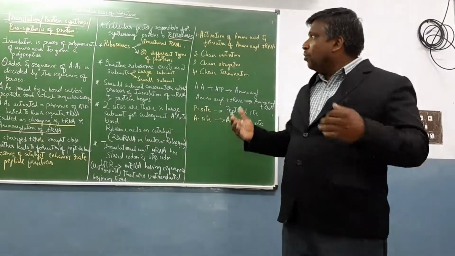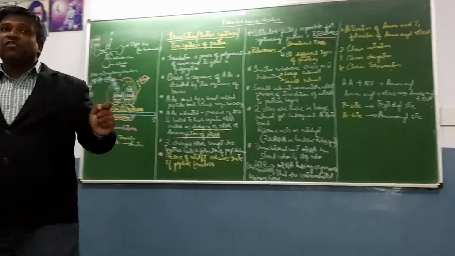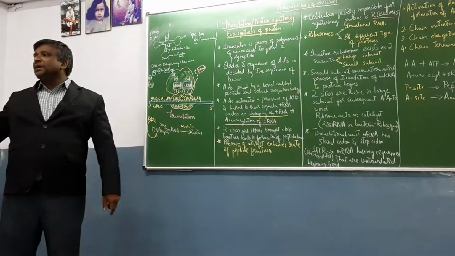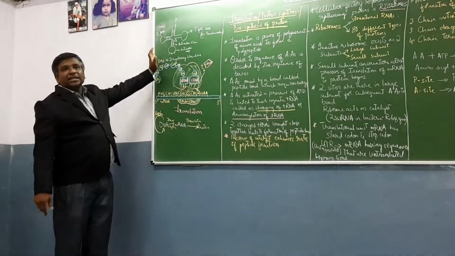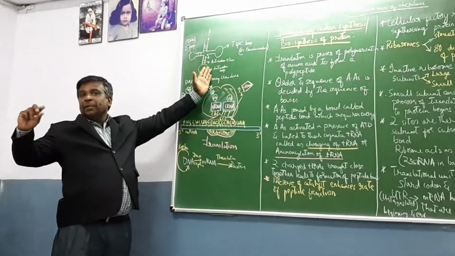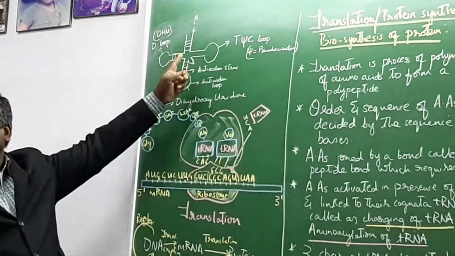Now what you have to understand is, in the previous class I told you the structure of the clover leaf model of tRNA. It was put forth by Holley. The structure of tRNA has an amino acid acceptor arm, where the amino acid polypeptide chain develops. CCA is what you find there.